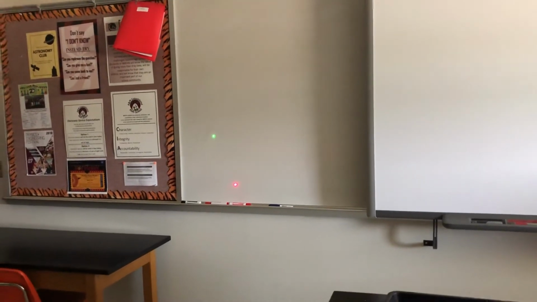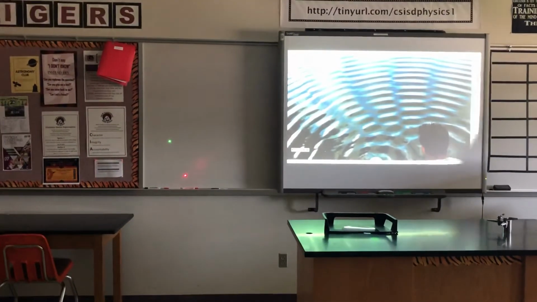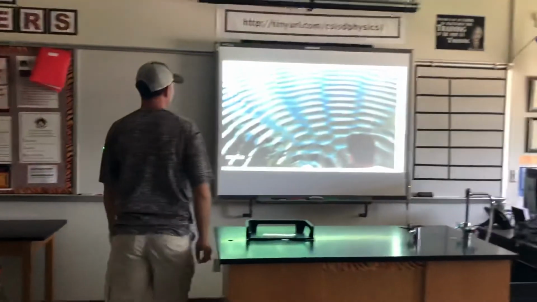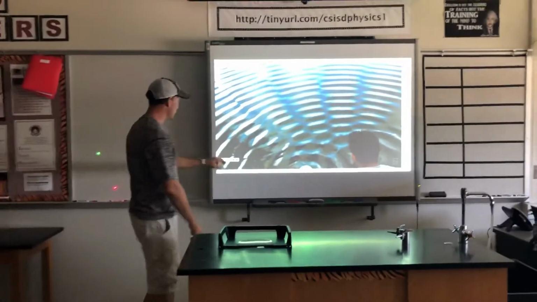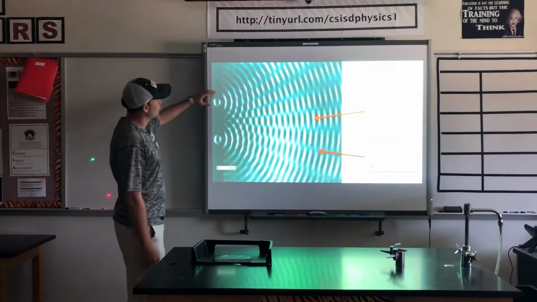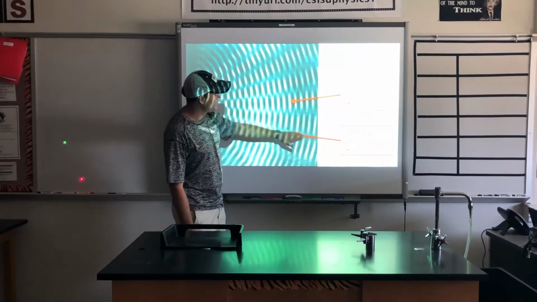All right, so back to this. So we have the same effect. We show the water waves. Water waves do the same thing as the light. This proves that light does behave as a wave. So with water, you have the same thing. You have constructive interference, destructive interference.